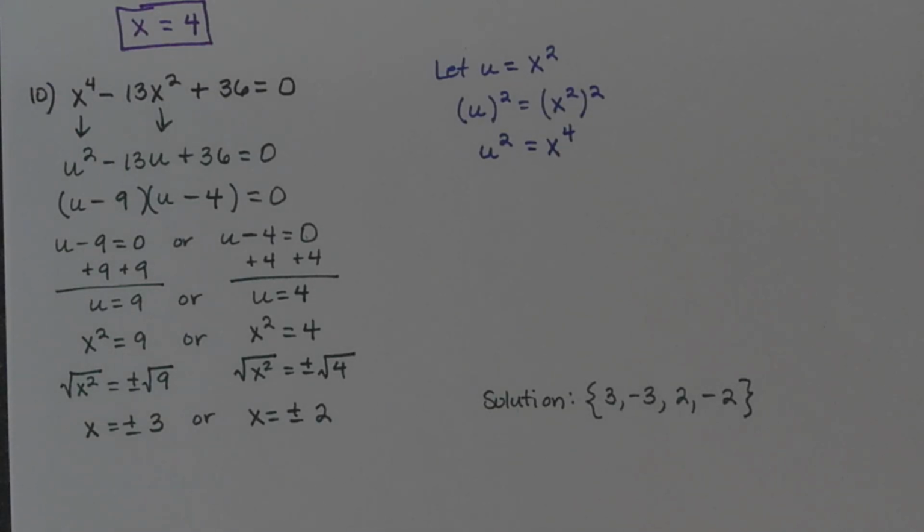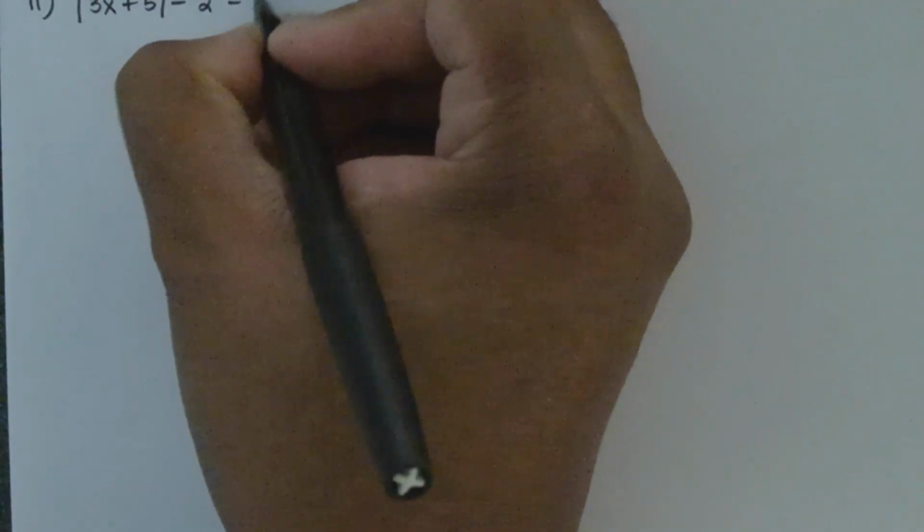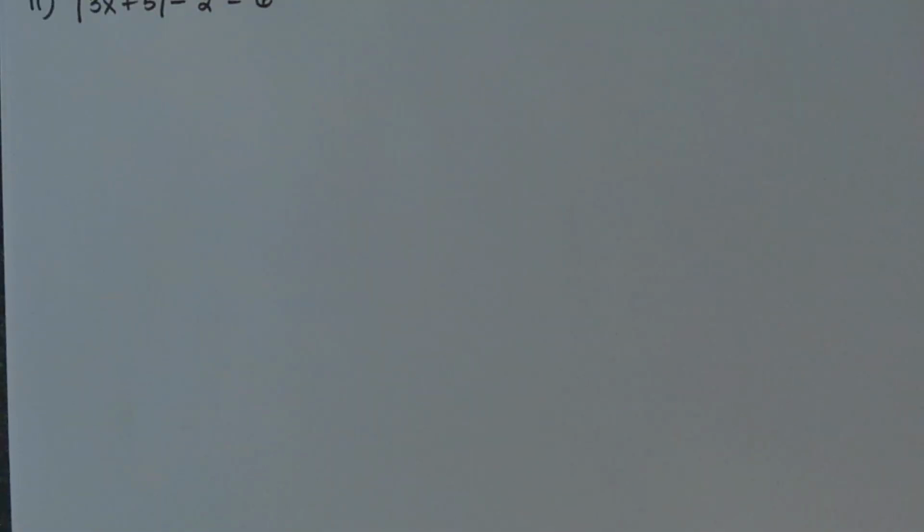Okay, problem number 11 is an absolute value equation. So here we have the absolute value of 3x plus 5, minus 2, is equal to 6.